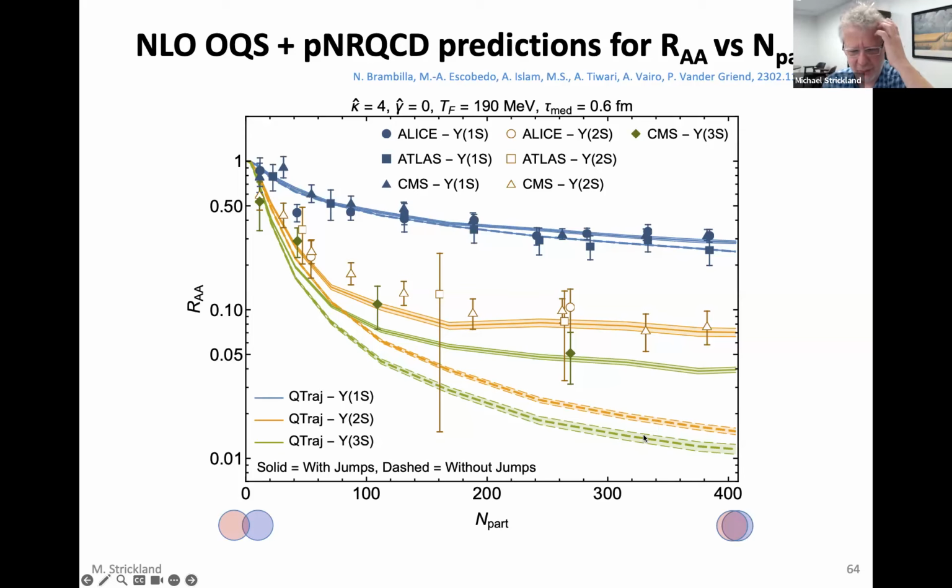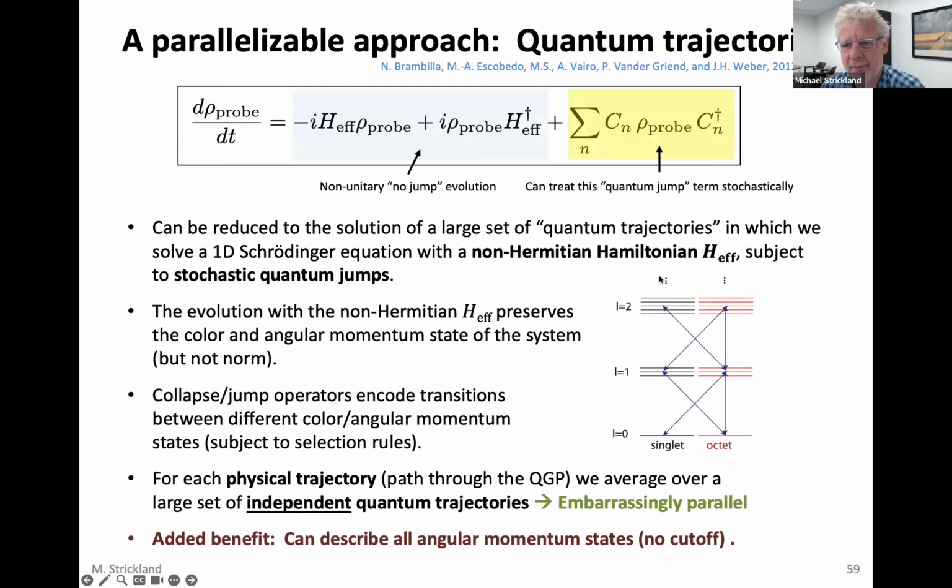And we did 2 possibilities. One is the dashed. That's when we just did the non-Hermitian evolution and we ignored this jump term. So we just evolved it with a non-Hermitian Hamiltonian and just turned off this jump.